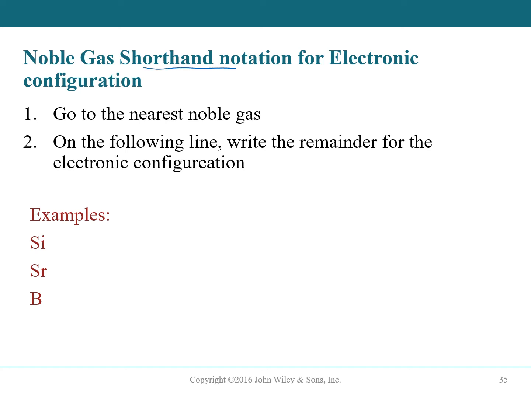noble gas shorthand notation. Okay, so this is what we're going to do. If we look at silicon, silicon has 14 protons. It has 14 electrons. Well, it's in row 3.